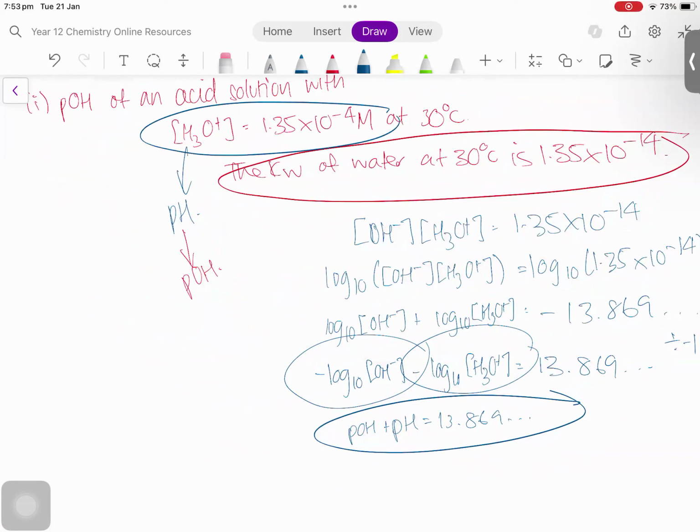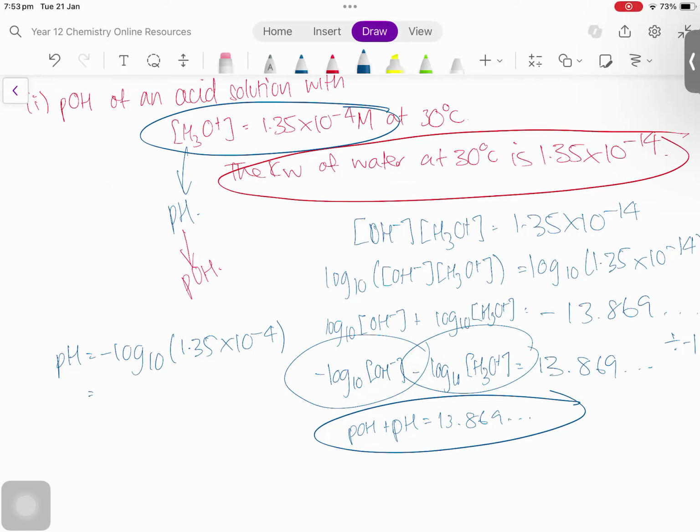So going back to my original question, if that's H3O plus, then pH is negative log base 10 of 1.35 times 10 to the minus 4. This here, I'm just subbing it into the equation. When you do that, you get 3.869. And then if you have pH and you want pOH, you normally just use pH plus pOH equals 14.